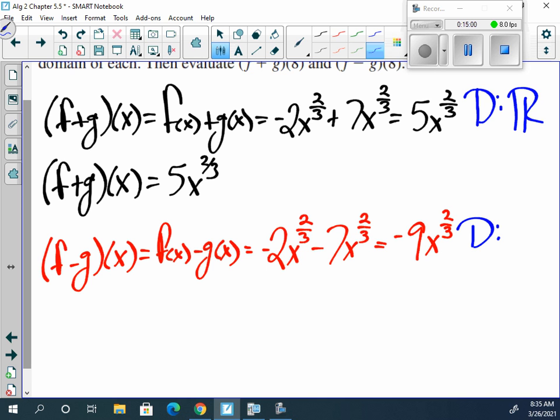For this here, what we're trying to find is what values of x we can plug into the function. Now with most linear functions, polynomial functions, there's nothing that restricts us. But when we look at x to the 2/3, is there any value of x that I can't plug in? Well, with cubed roots, we can plug in negative numbers, we can plug in positive numbers, we can plug everything in. So we're fine.